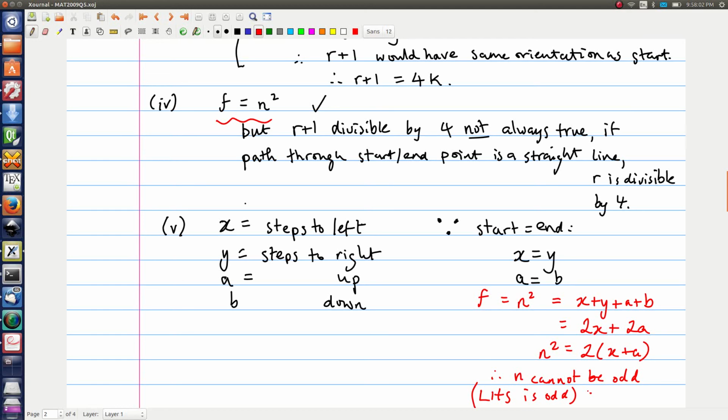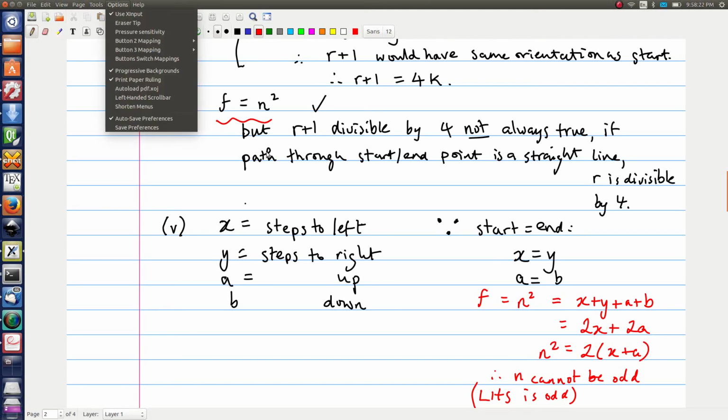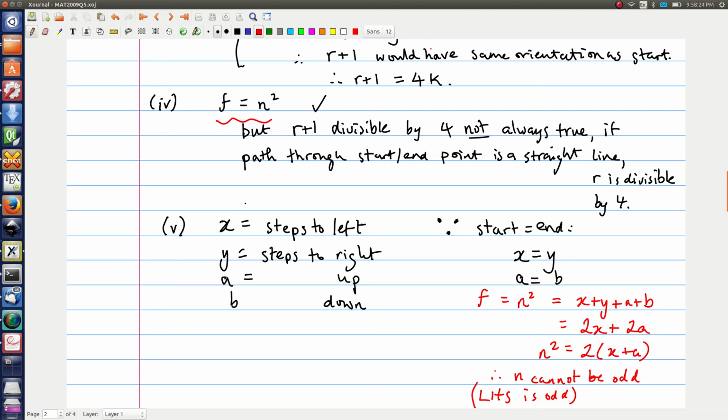Okay, so you can write that more formally as a proof by contradiction, but we have created a contradiction by observing that if n is odd, there is a contradiction, and it's impossible to create a complete tour. So that's the completed answer for number 5.